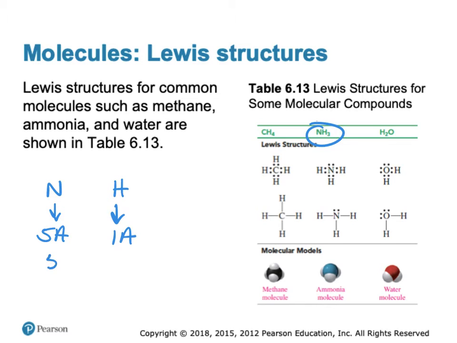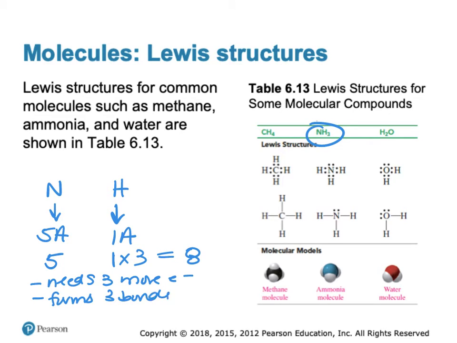There are 5 valence electrons for nitrogen, 1 valence electron for hydrogen, times that by 3. So we need a total of 8 valence electrons. In order to achieve an octet, nitrogen needs 3 more electrons. So nitrogen typically forms 3 bonds.